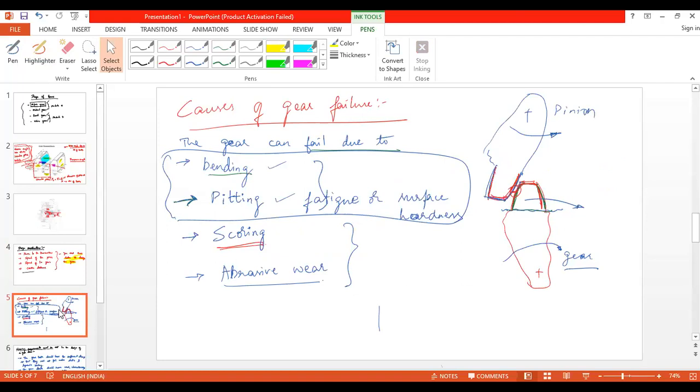And we discussed how the gear tooth may fail. There are 4 possible failures of the gear tooth: bending, pitting, scoring, and abrasive wear.